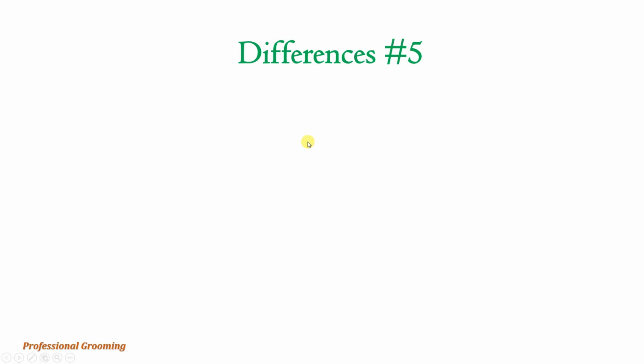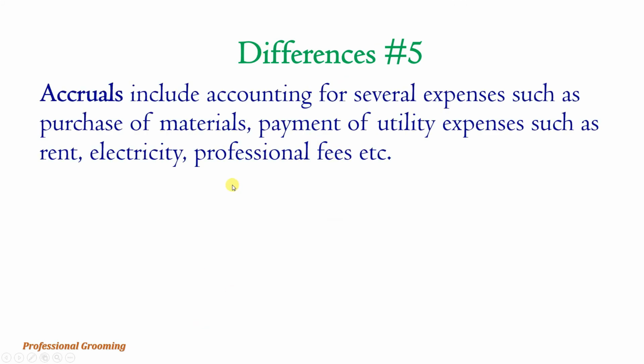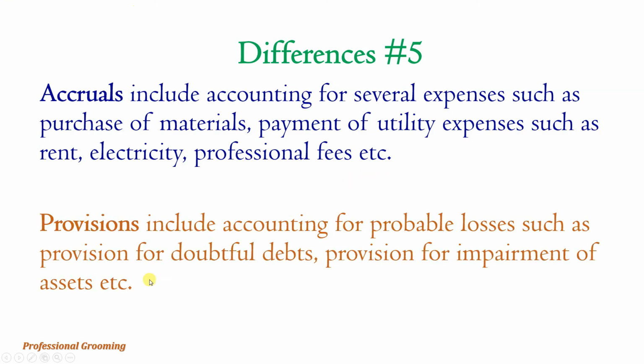The final difference: accruals include accounting for several expenses such as purchase of materials, payment of utility expenses such as rent, electricity, professional fees, etc. A lot of expenses are included in accruals. But provisions include accounting for probable losses such as provision for doubtful debts, provision for impairment of assets, etc.